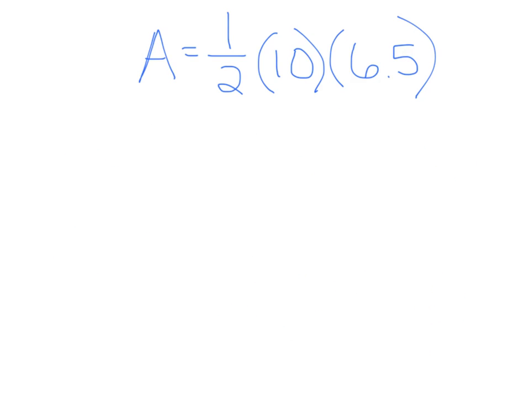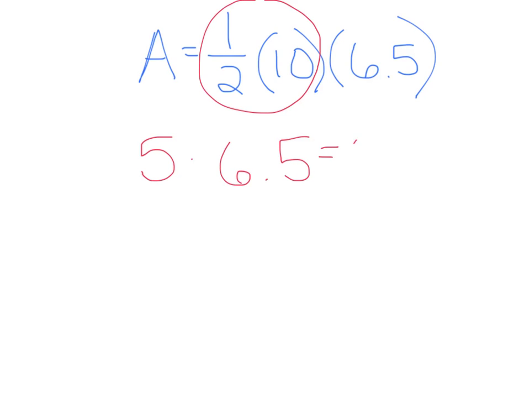Two different ways you can look at this problem. You could first do the 1/2 and the 10, so that would mean half of 10 is 5, and then you multiply that by 6.5. So 5 times 6.5 would be 32.5.